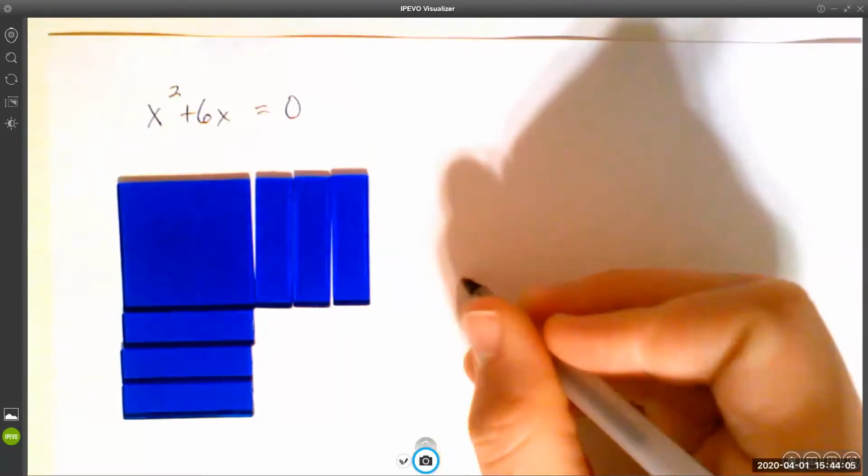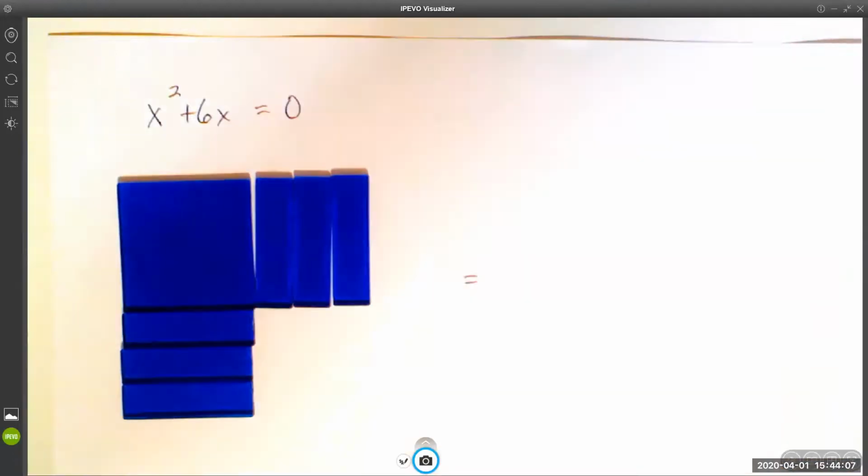On the right hand side, I have nothing, right? I have 0. So I don't have any tiles over there. This is what this would look like starting out. Okay, so this is x squared plus 6x equals 0.